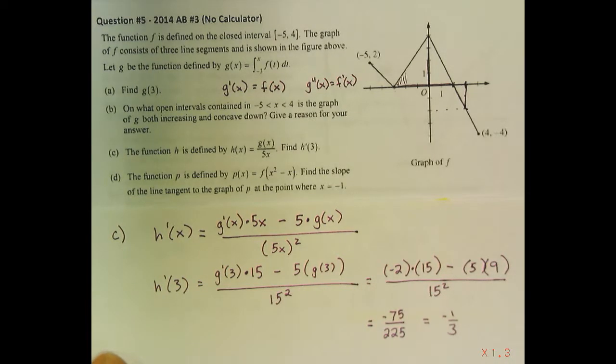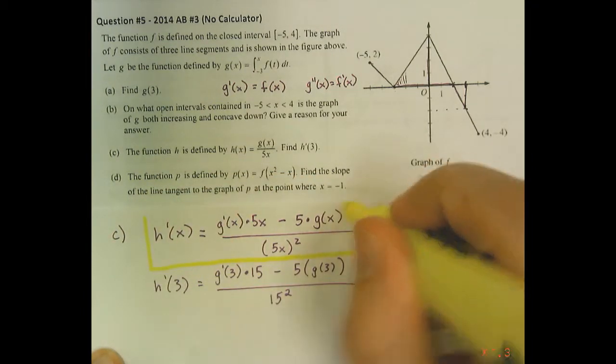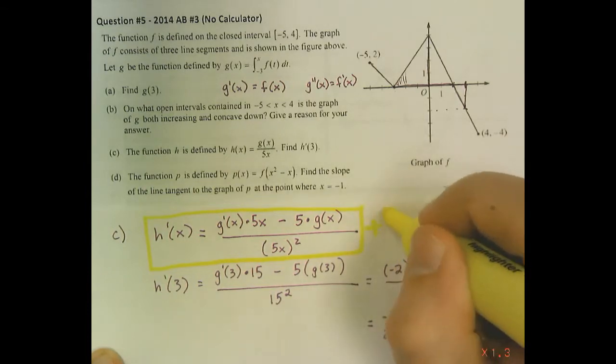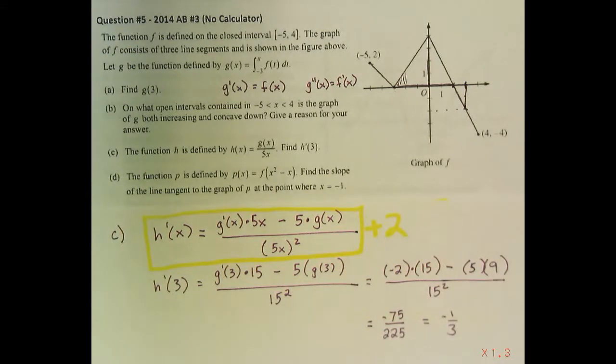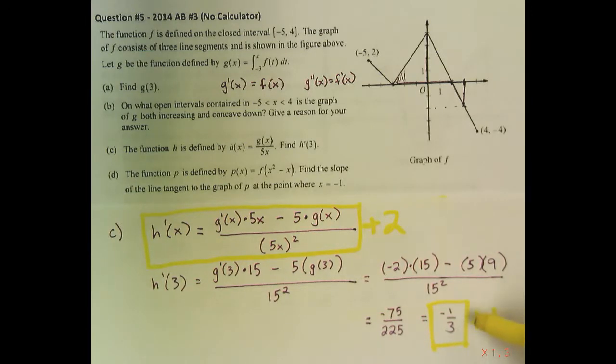The first 2 points comes from correctly finding h prime of x. So using the quotient rule and getting that symbolic differentiation done is 2 points. Your third point comes from finding the correct numeric answer. And I again recommend it's safe to not simplify once you get to something that's numeric. So I recommend stopping there.